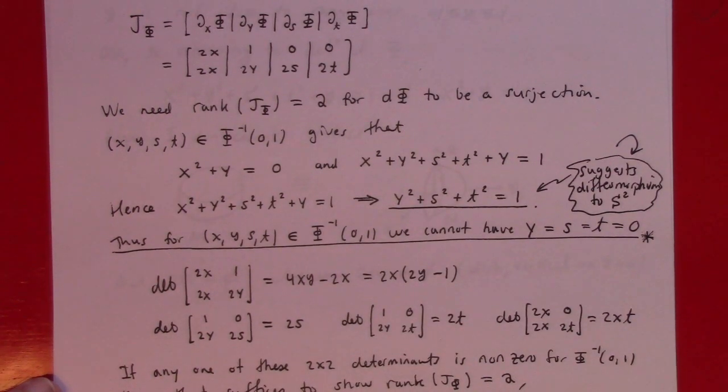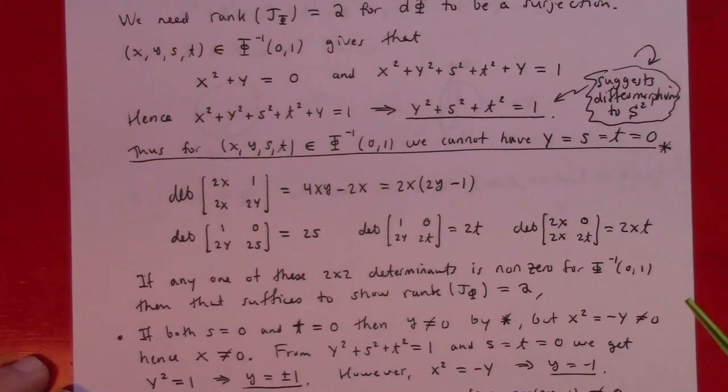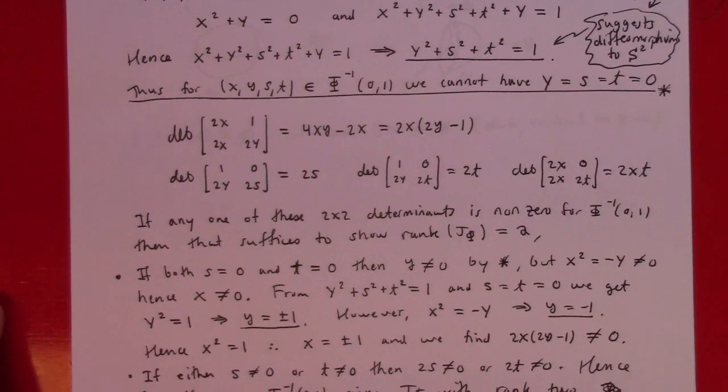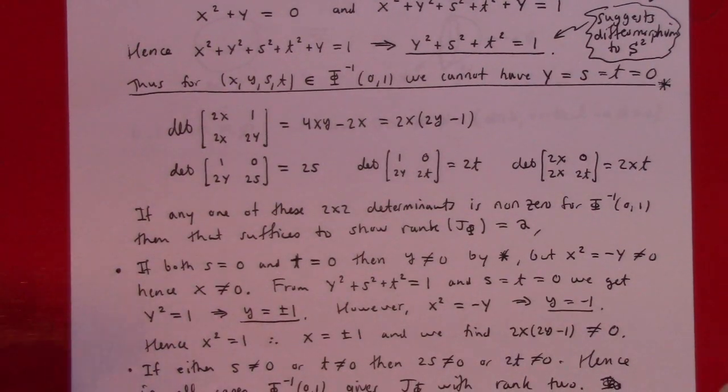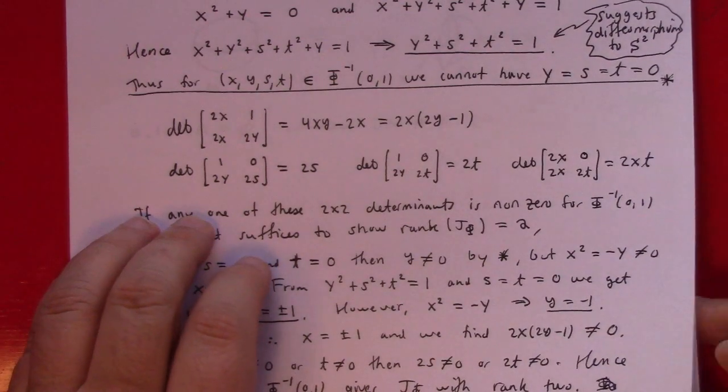It just takes one of these non-zero and we've got rank 2. So anyway, I sorted through the cases here, and we can see that every point in the inverse image of (0, 1) is in fact a regular point. We have rank 2 for the Jacobian, and hence rank 2 for the differential. All right.